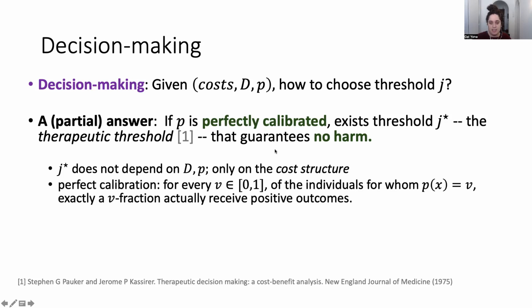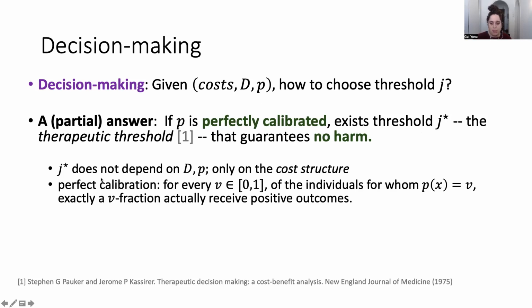And an existing but partial answer to this question is that whenever the predictor is perfectly calibrated, then there is a threshold that I'll denote as J star, and in the literature it's known as the therapeutic threshold, which guarantees no harm in this case.